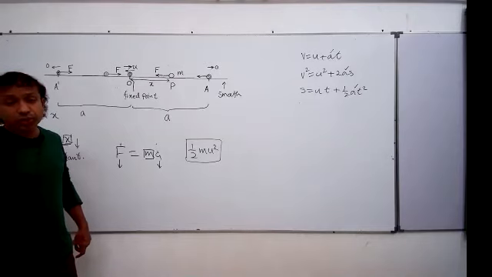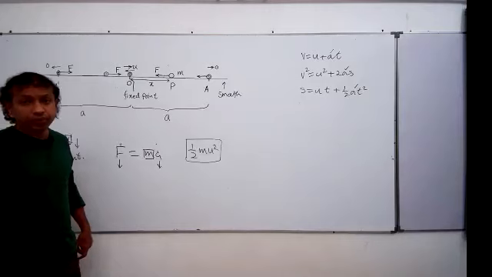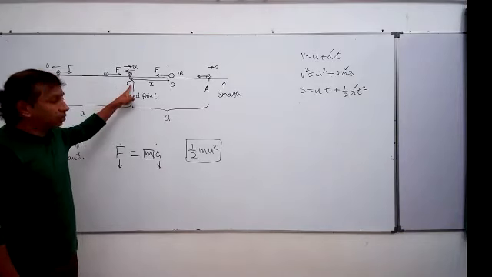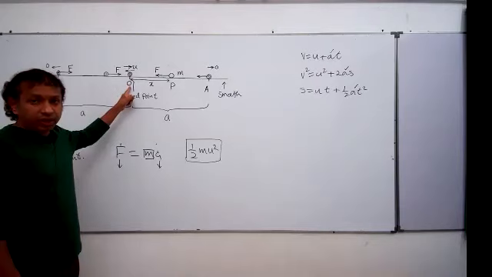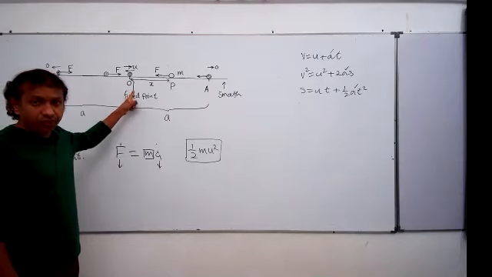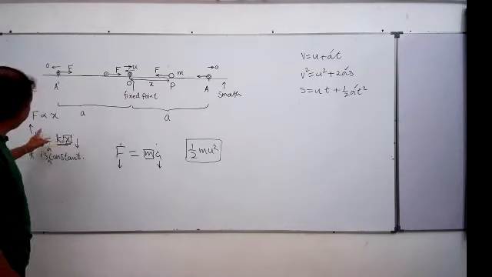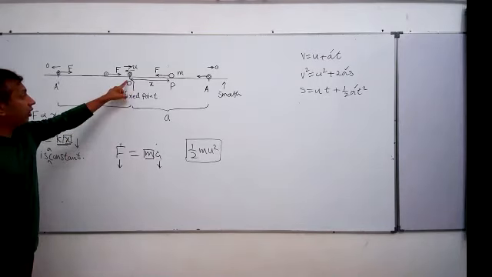So furthermore, you can very clearly understand when the particle reaches the center, its velocity is maximum. When the particle reaches the center, the force acting on the particle is 0. According to F equals kx, when the particle is at the point O, x is 0.